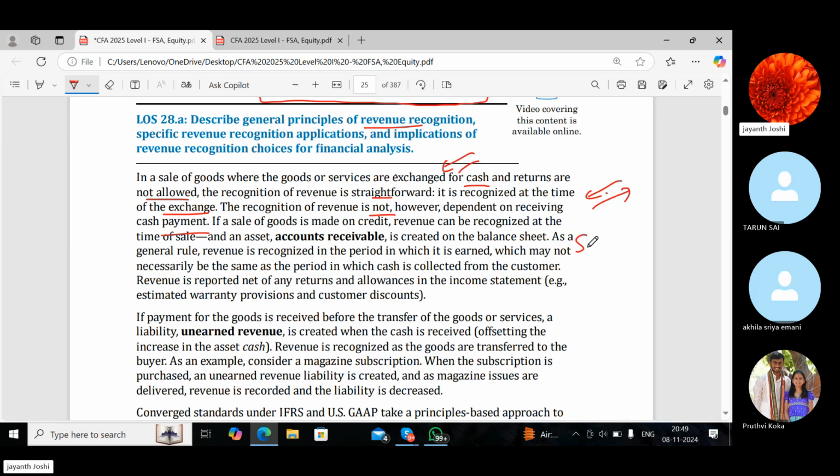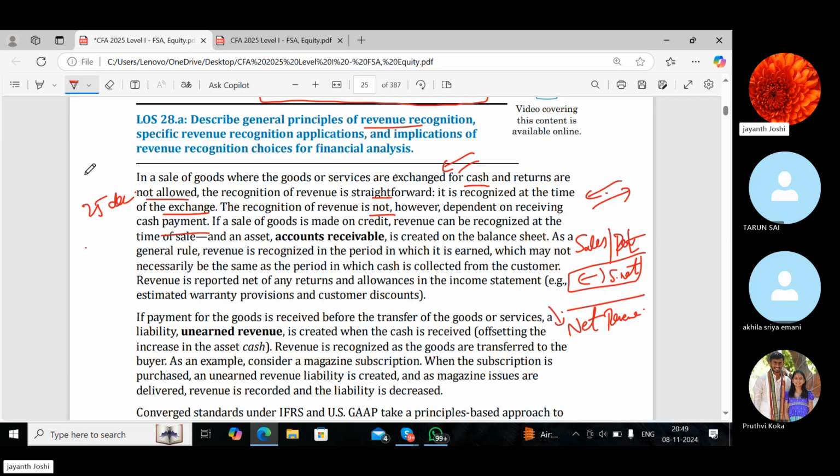And whenever you have made some sales or revenue, whatever returns you get, less sales returns, you have to deduct this, and whatever net revenue comes, that is your actual revenue that you recognize, and that too when you earn rather than receive. Let's say on 25th December you made some credit sales.